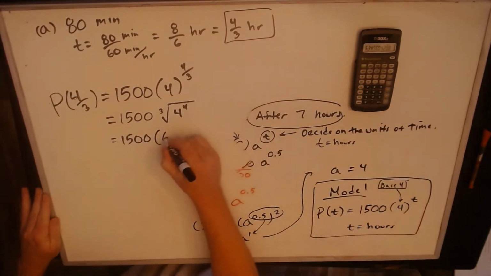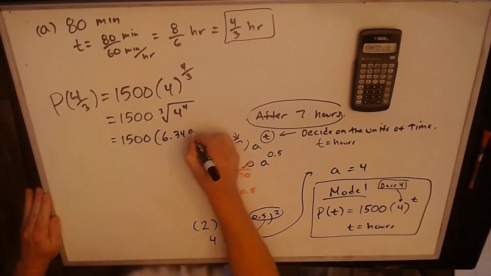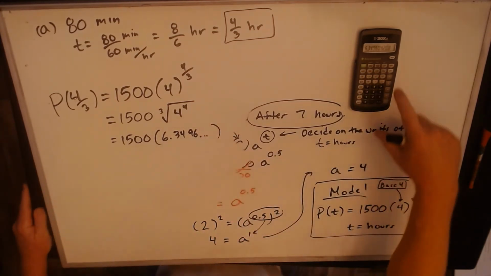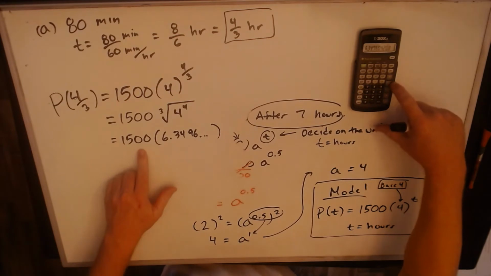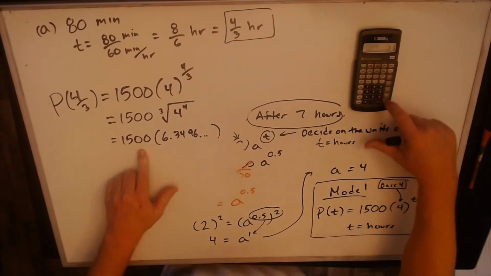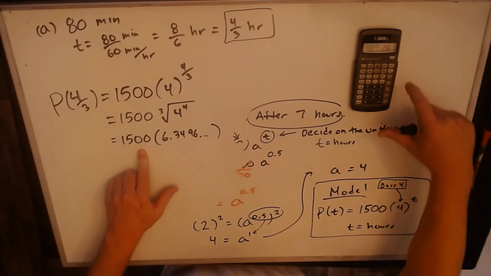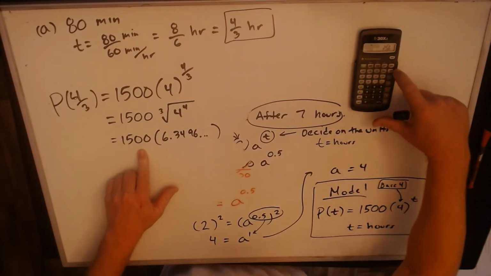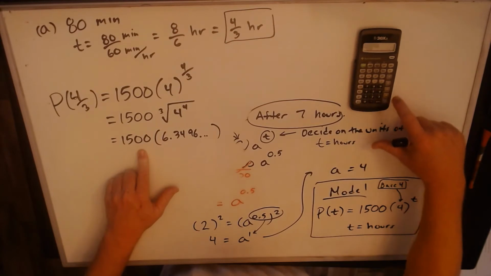I'm going to write the whole thing down. 6.3496, and so on. Actually, let's raise that to the 3rd power to see if we get 256. Yes, we do. Go back to the cube root of that.